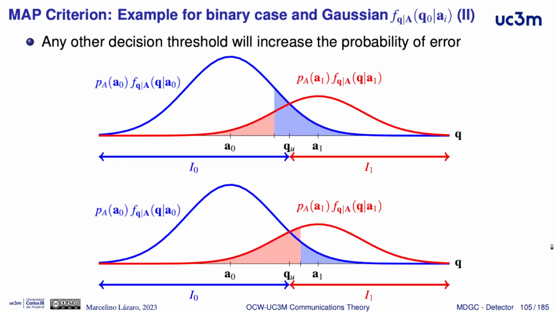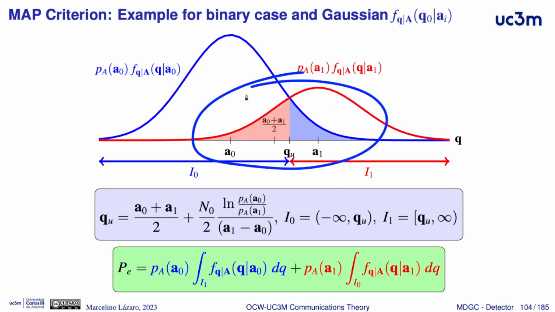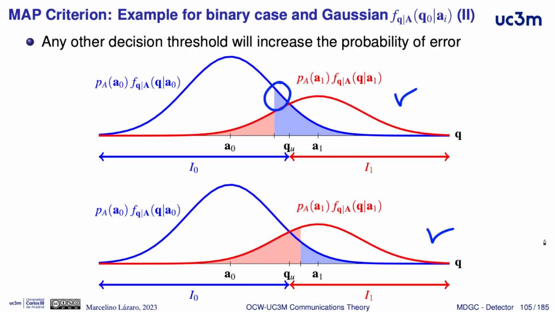Because if we modify the threshold defining the decision regions with a higher value or a lower value than the point where the product between the probability of a symbol and the conditional probability of the observation given this symbol are equal, the probability of error will be obtained by adding the corresponding areas in red and blue, and we'll have a higher addition here and a higher addition here, because with respect to the result that we have here, we will have this additional area in this case, or this additional area in this case.